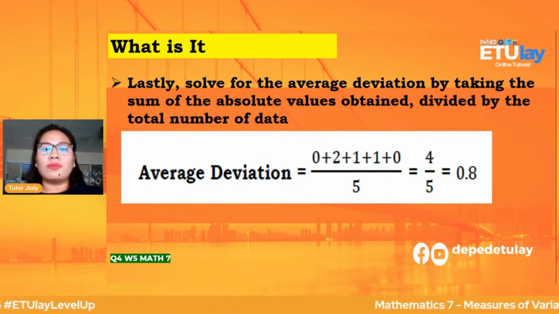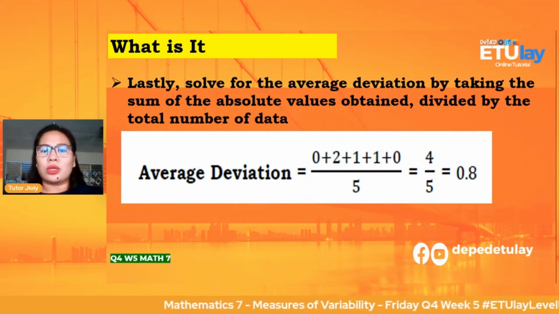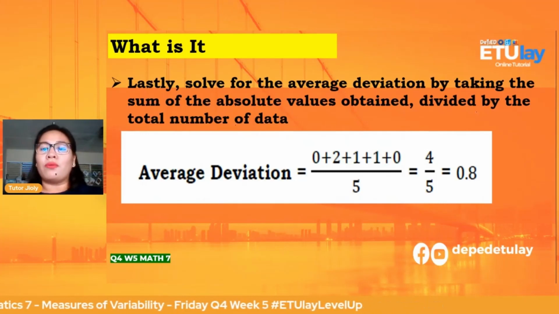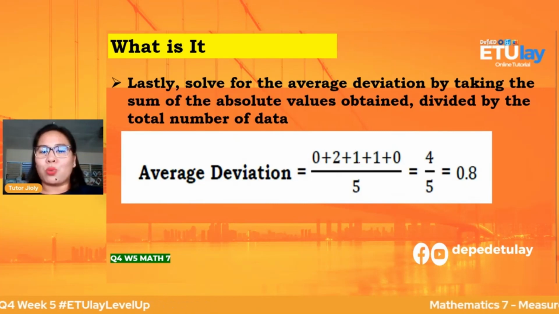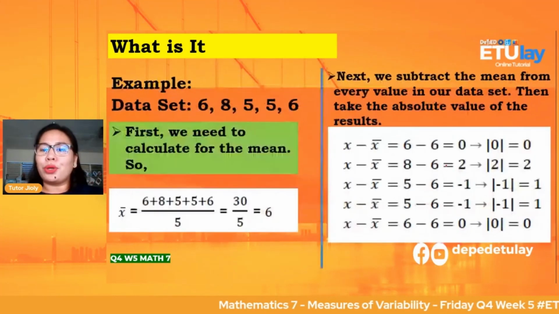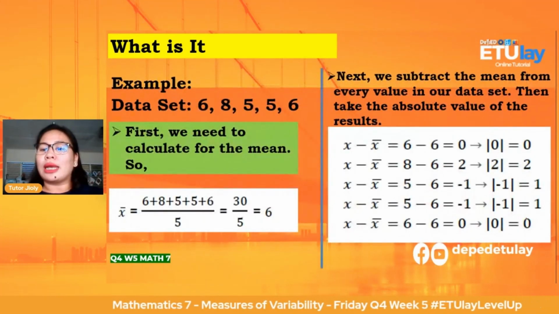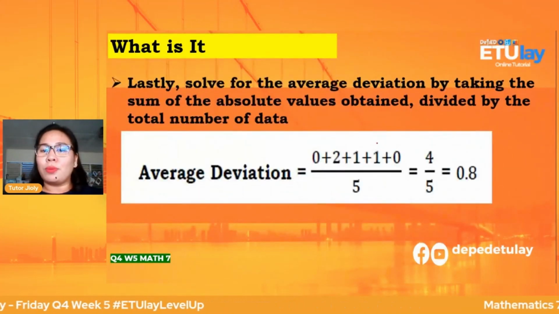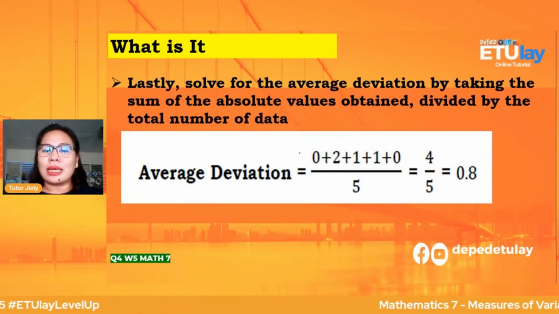Lastly, solve the average deviation by taking the sum of the absolute values obtained divided by the total number of data. Saan po nanggaling si 0 plus 2 plus 1 plus 1 plus 0? Yun po yung kinuha natin kanina nung minus natin yung data minus the mean, to get the average deviation.